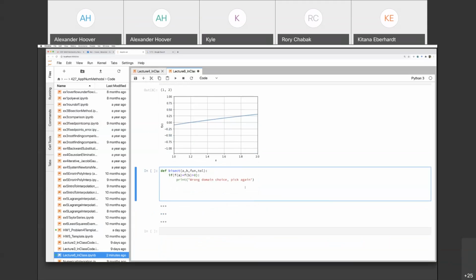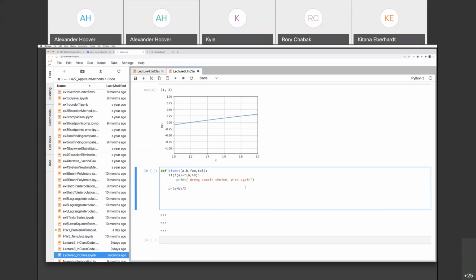So what am I going to do? First, I'm going to say P is equal to A plus B over 2. Okay. Just following the pseudocode that we already laid out, we can say while A minus B is less than our tolerance. Actually, let's put this inside, since we're not doing anything with it out there just yet.